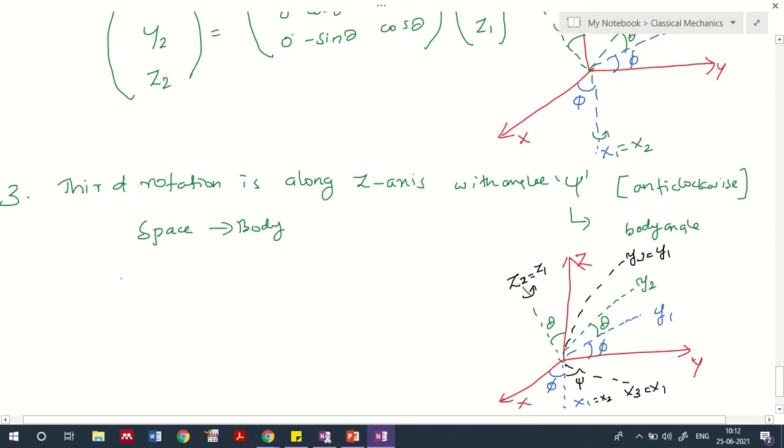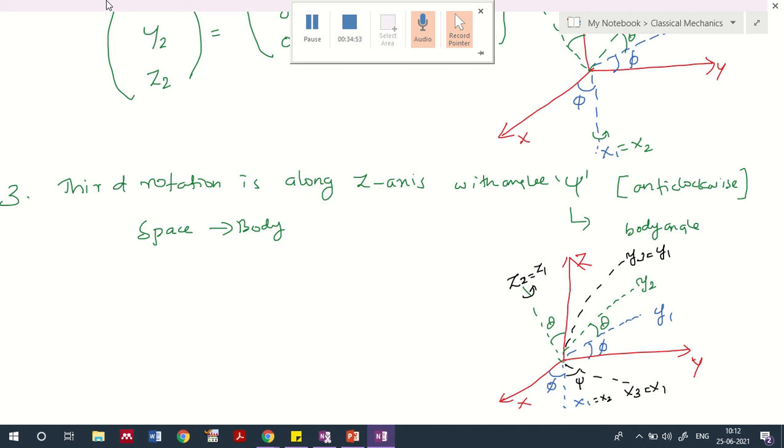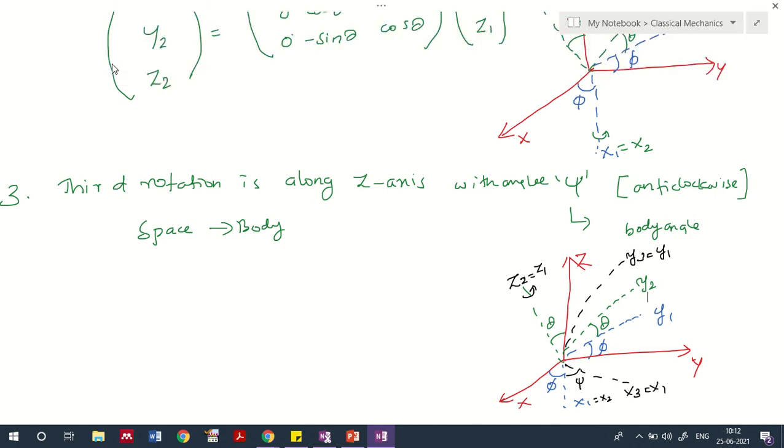Finally, we now obtain x dash, y dash and z dash by this rotation.